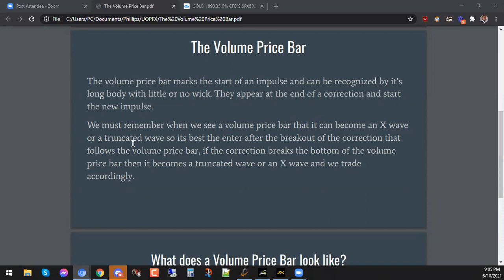If we have, let's say, a 3-wave move and the third wave is shorter than the first wave, we look at that as a truncation as well. And when we have truncated waves in situations like that, we can also look at it as ABC based on how it's constructed.